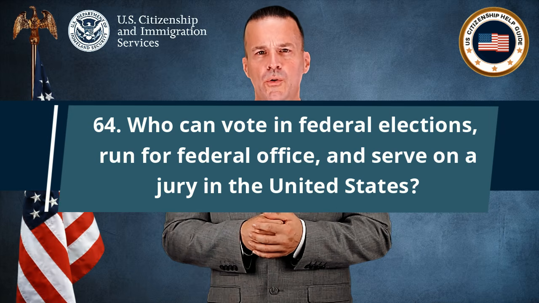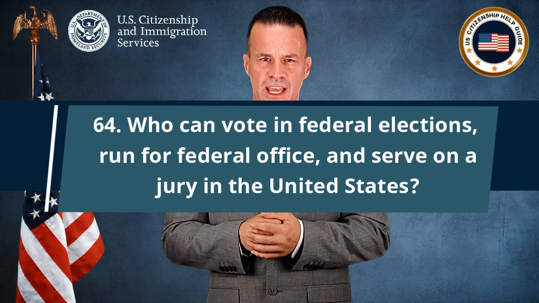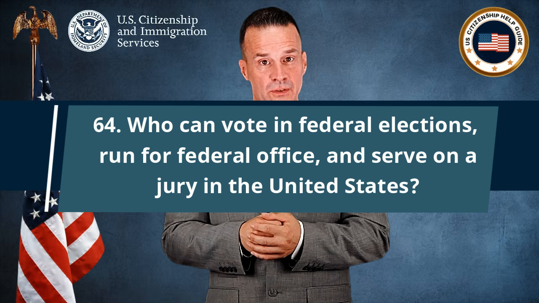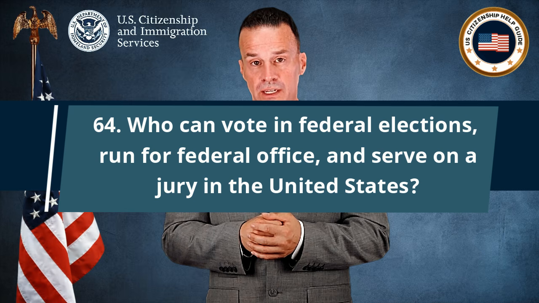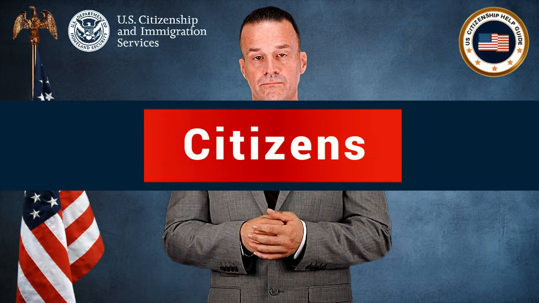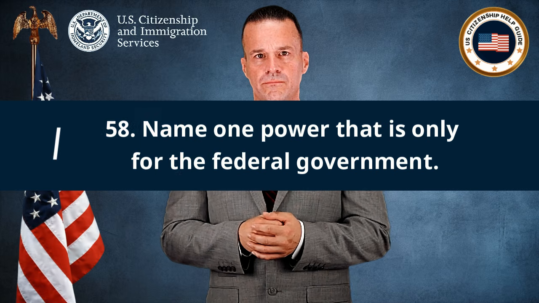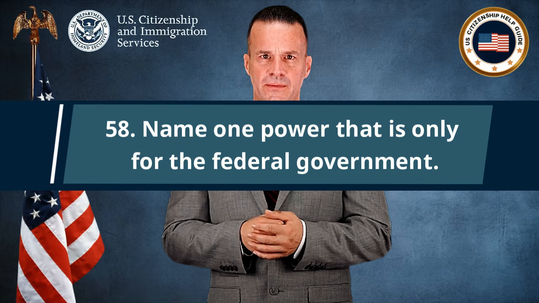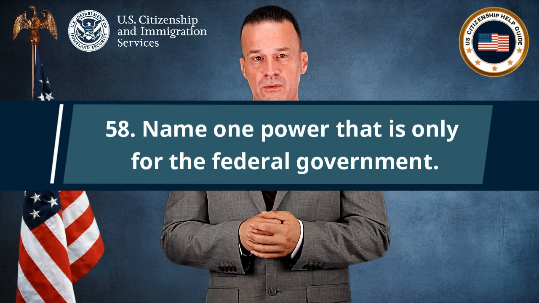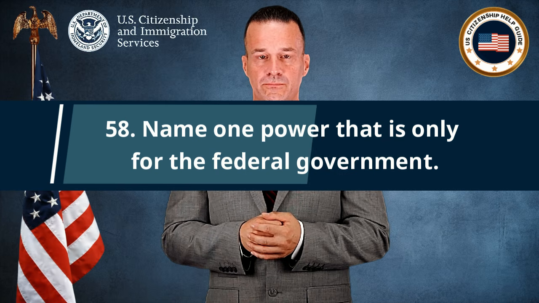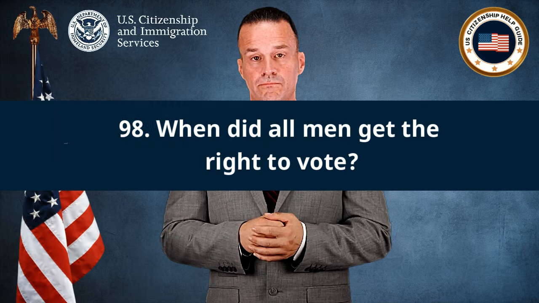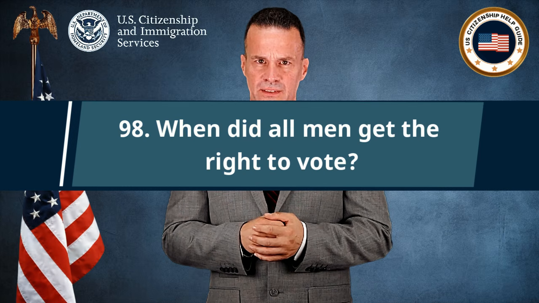64. Who can vote in federal elections, run for federal office, and serve on a jury in the United States? Citizens. 58. Name one power that is only for the federal government. Print paper money. 98.